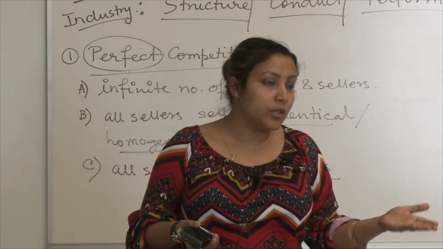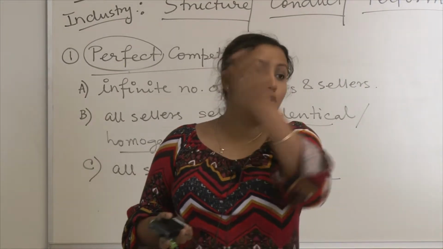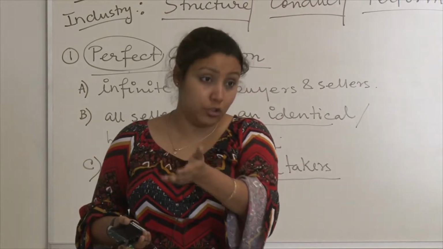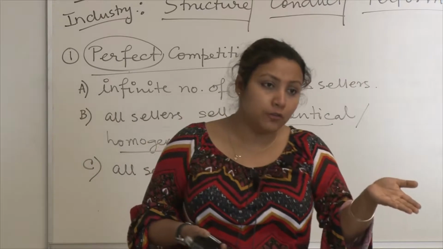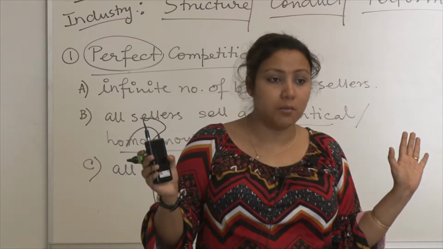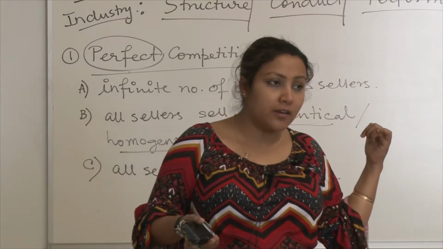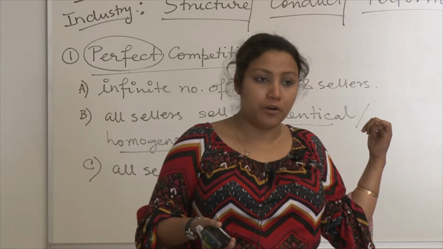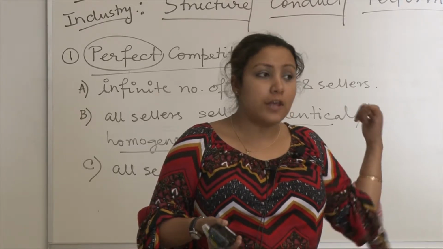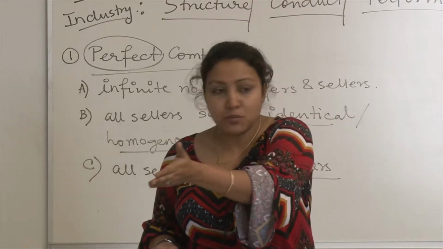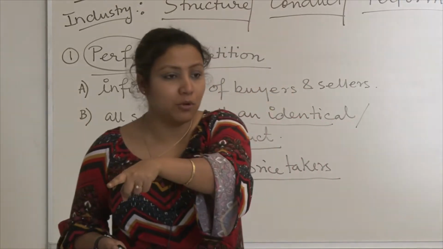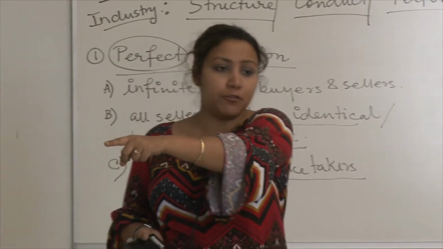If I am not okay with that price, I walk out and go to another store where I might find it cheaper, or I buy a substitute good, or I try to bargain with you for a lower price. That is how it works in any market. But in this market, sellers basically have no power, because if you are not going to sell your good to me, the very next person is selling exactly the same good, maybe for a lower price, so I will buy from that person.